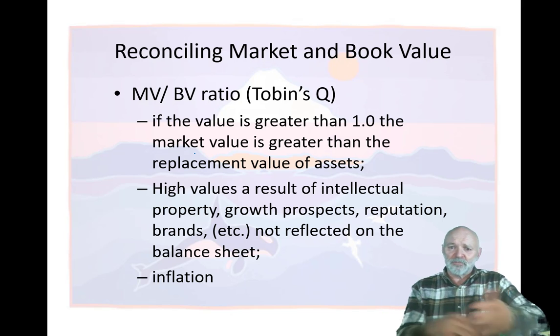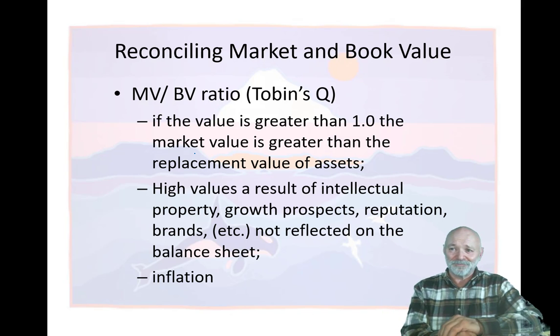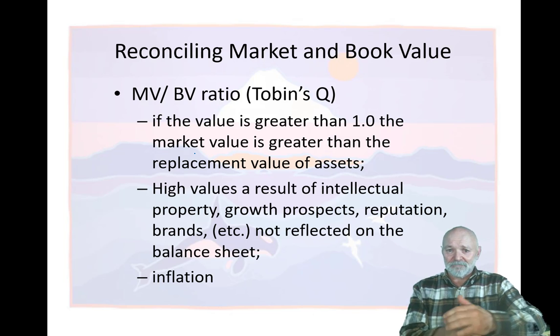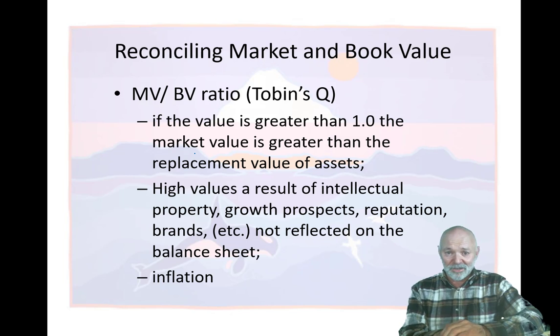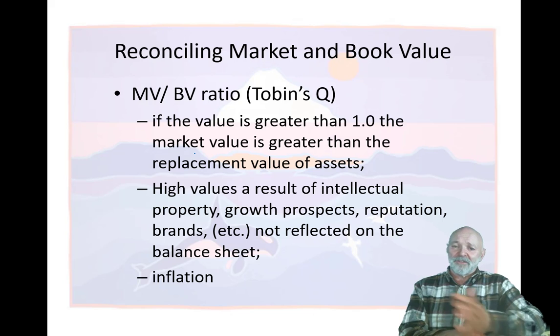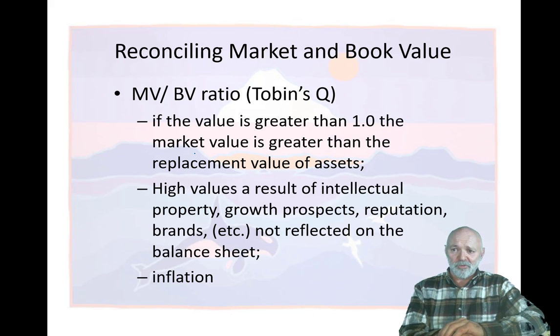Wouldn't you just buy the parts and put them together if you knew how? Well, a low Tobin's Q may be an indicator that the company is perhaps failing, or perhaps it's time to take it over. So if the value is greater than 1, it means we've got a company with lots of intangible value. Below 1, we have a company that's perhaps in trouble.